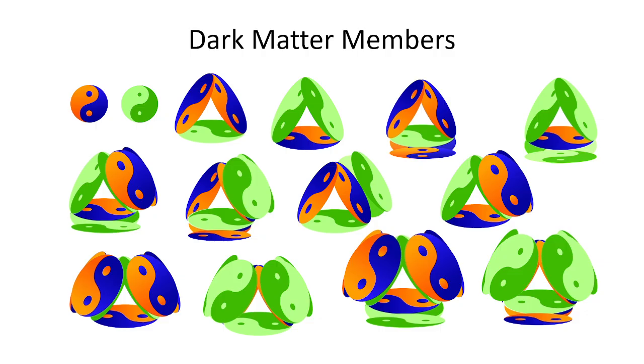All structures presented here are stable. That's why they can constitute the family of dark matter members.